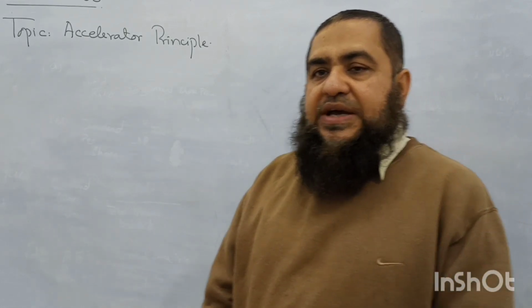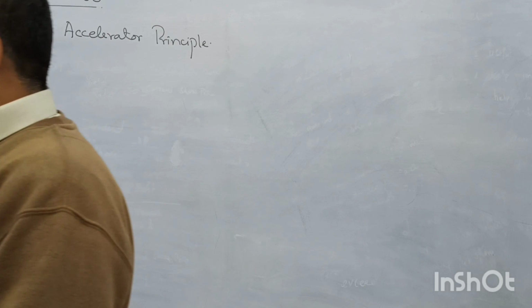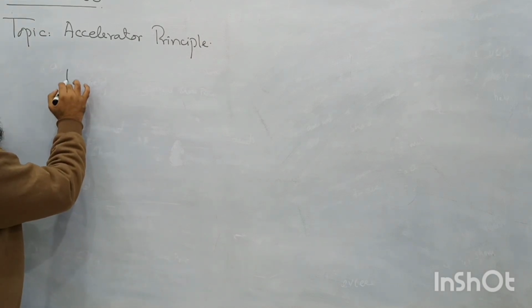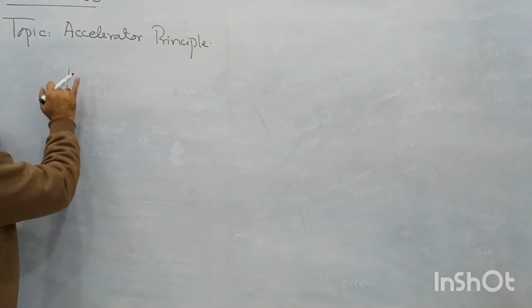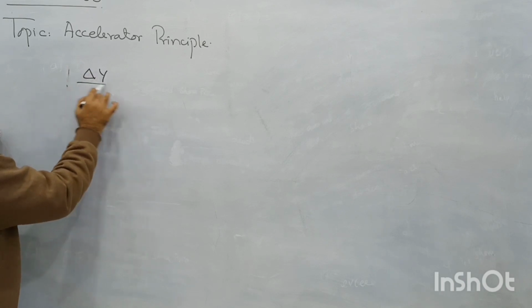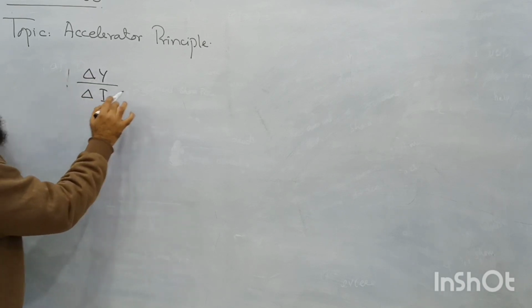Now come towards the accelerator principle. How can we define accelerator? This is a change in investment due to change in national income. Listen over here. Multiplier means when change in national income takes place due to change in investment.